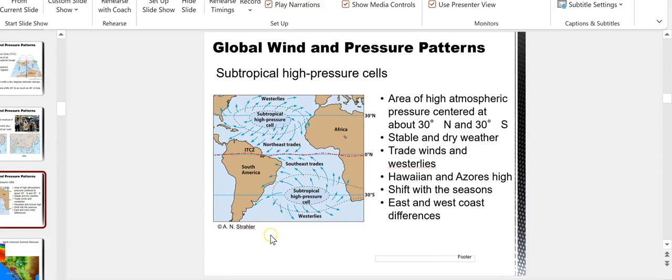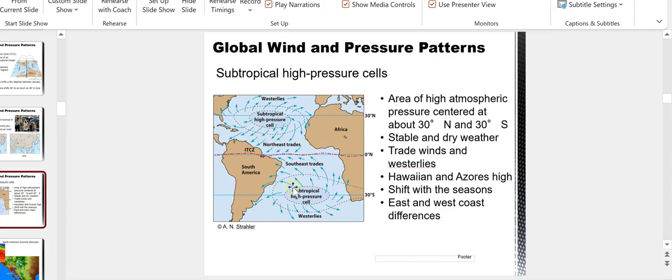Here you're going to take a look at where some of these high pressure cells are located. This one is located right in front of the Namibian desert down here in Africa. This is associated with the Sahara Desert.